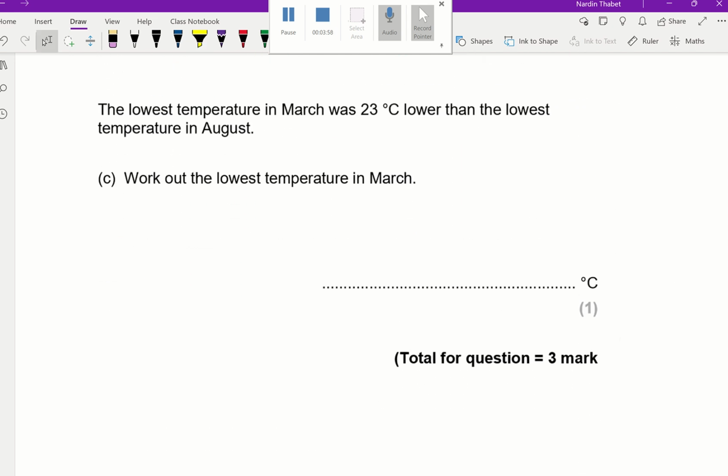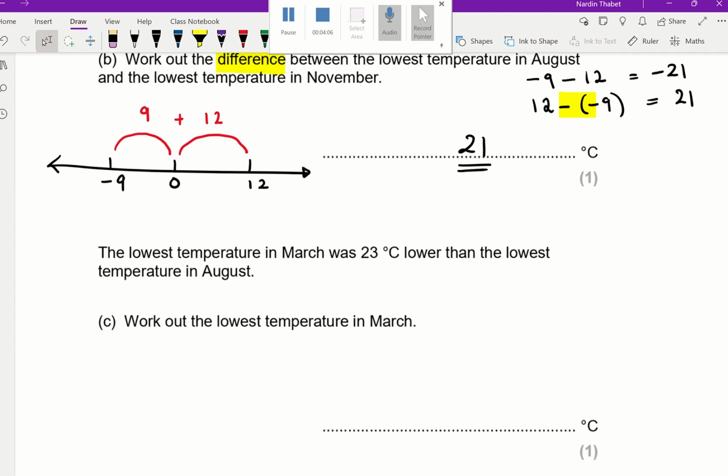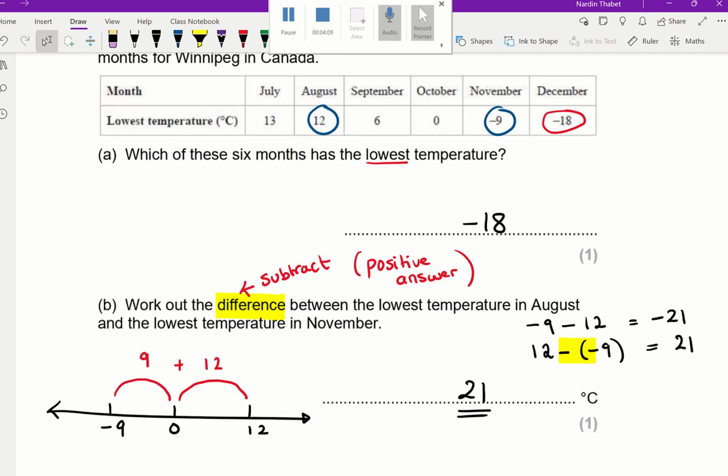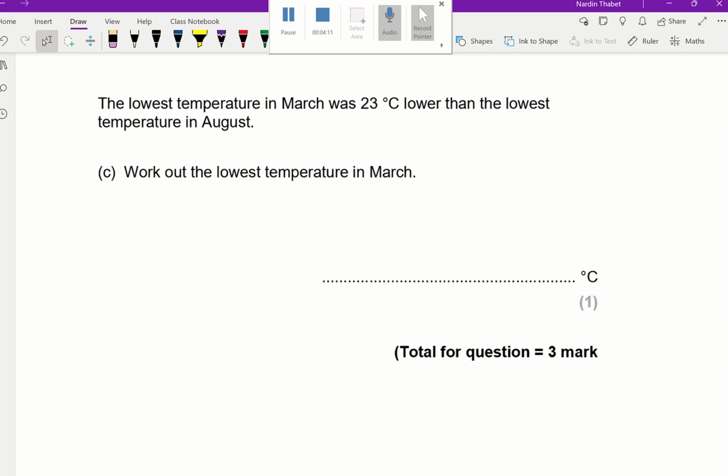The lowest temperature in March was 23 degrees lower than the lowest temperature in August. So August, again, is 12. And lower means I'm going that way on the number line.